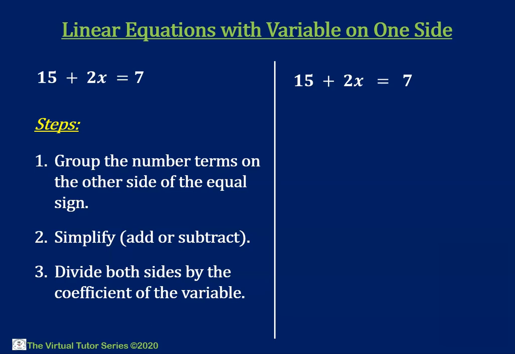We basically do this by subtracting 15 from both sides of the equal sign. So we have 15 plus 2x minus 15 is equal to 7 minus 15.